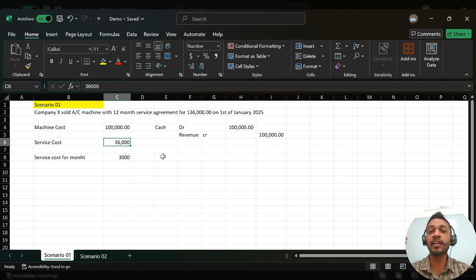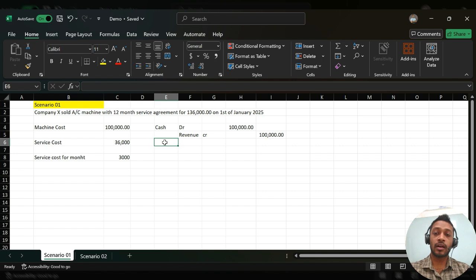So you can identify this revenue once you have performed the service. Imagine the first service is done on 31st January, then only can you identify 3,000 as first month service revenue in your account. Then where do we keep the remaining values under this 36,000? It's like this.